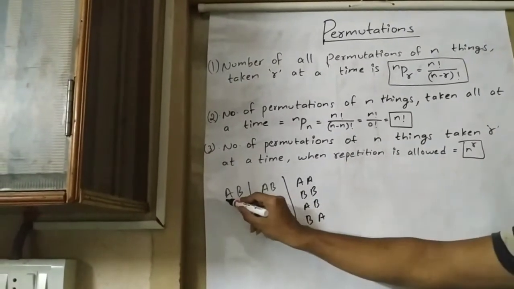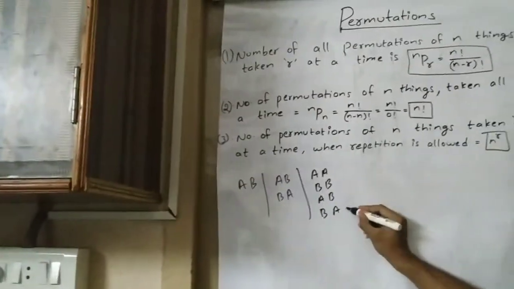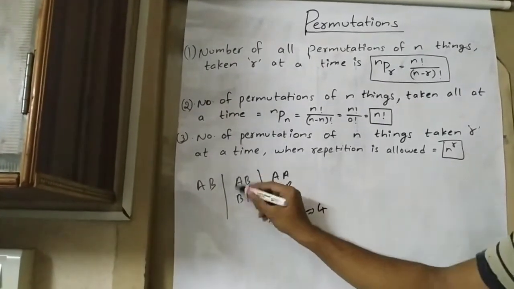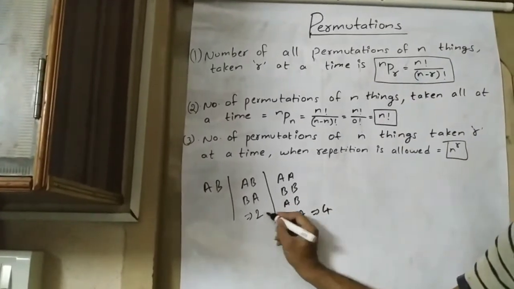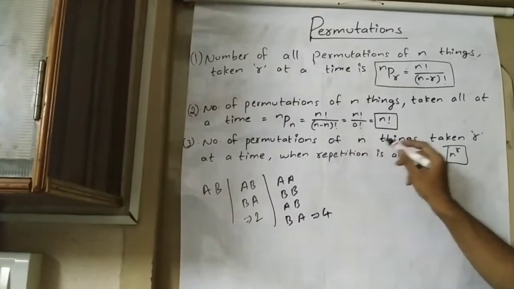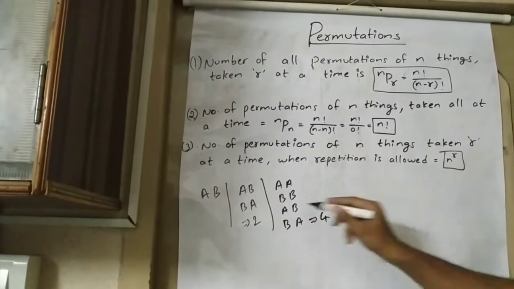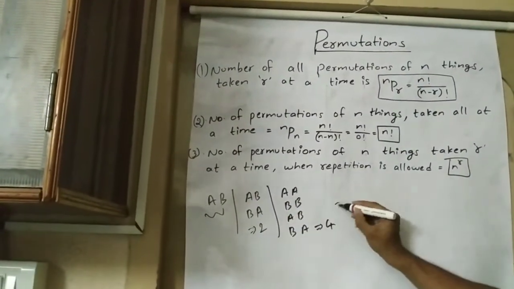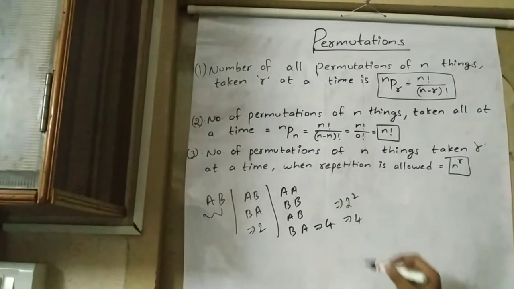As repetition is allowed, we can repeat A 2 times and B 2 times, so we got 4. And if repetition is not allowed, it is the normal way, that is, here we got 2. So when repetition is allowed, it is n power r. Here there are two things, so it will be 2 square, so that is 4.